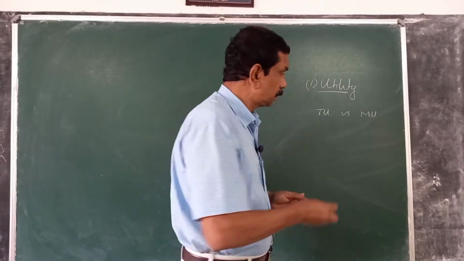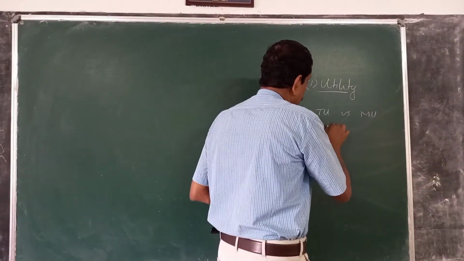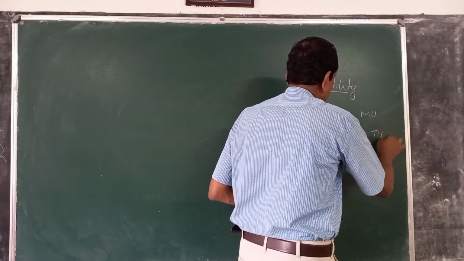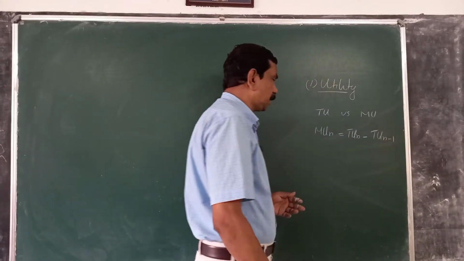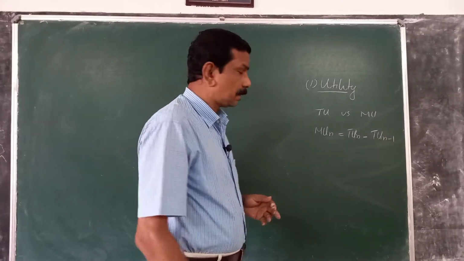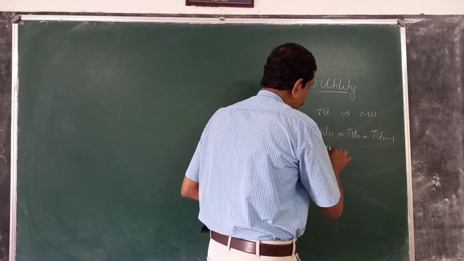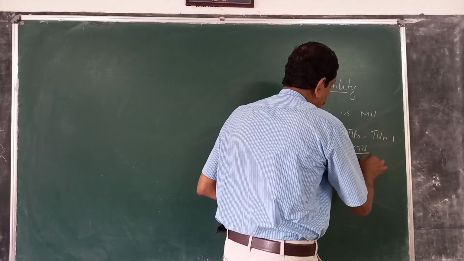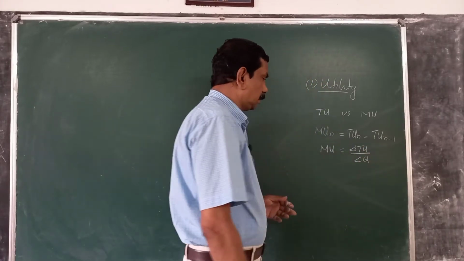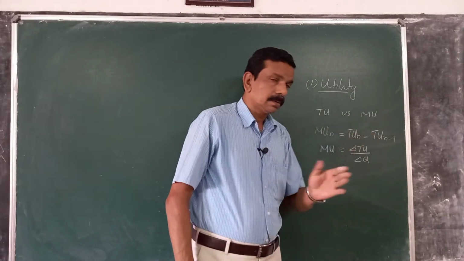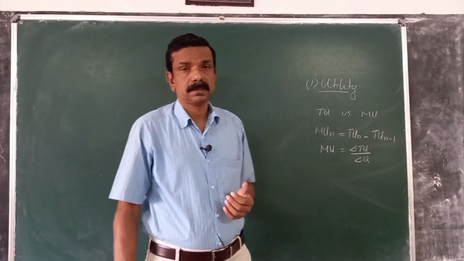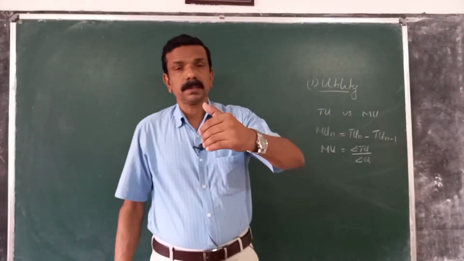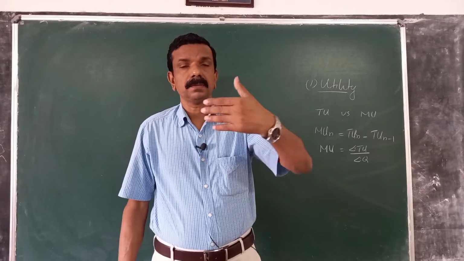So we can write marginal utility of the nth unit as total utility of the nth unit minus total utility of n minus 1 units, or simply as marginal utility is equal to change in total utility divided by change in quantity. Marginal utility is defined as the utility received from consuming an extra unit.